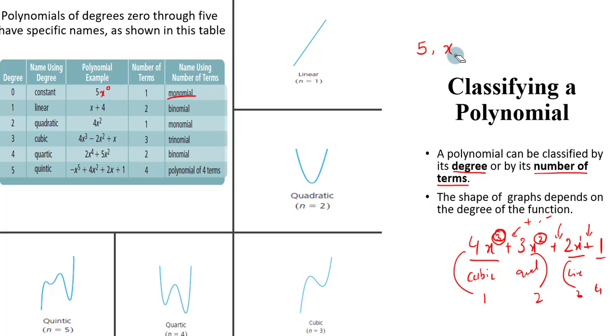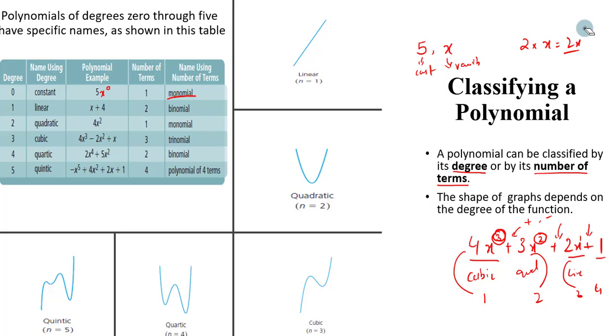For a monomial we can have a constant term or a variable term, or a product as well, like 2 into x equals 2x. This is still a monomial.